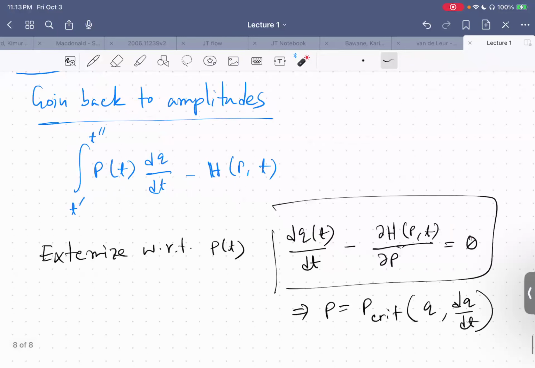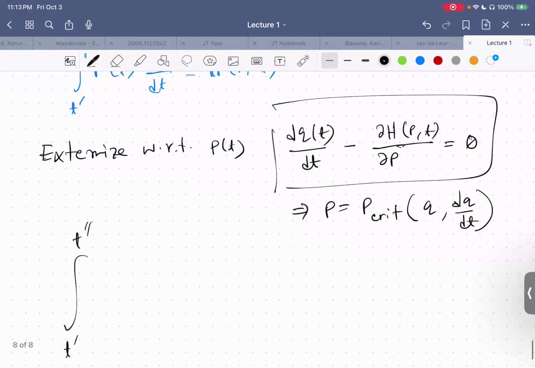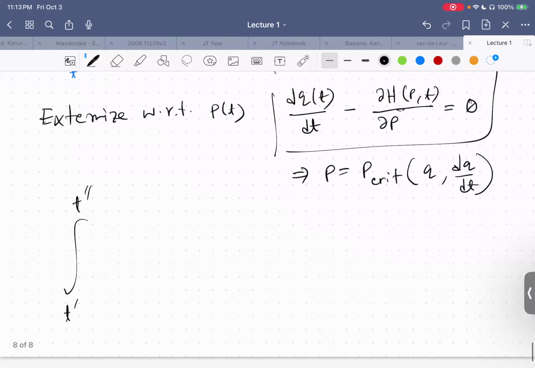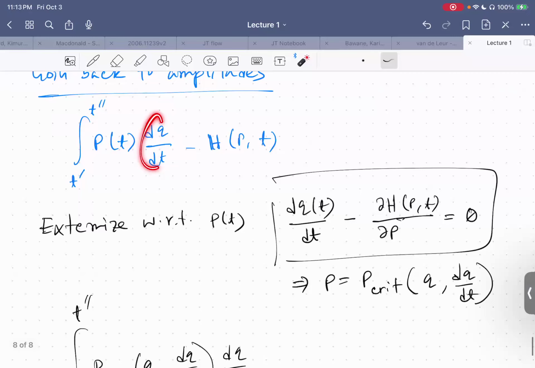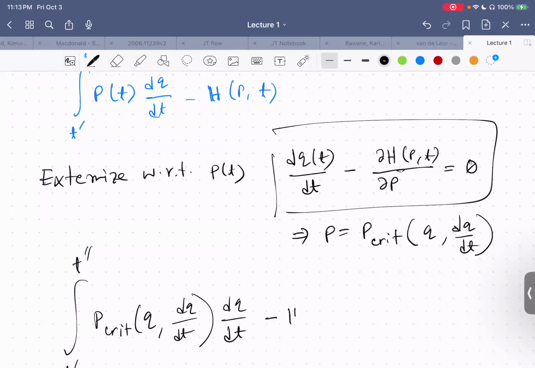So then you get the integral from T prime to T double prime of P critical(Q, dq/dt) times dq/dt. You already had a dq/dt. And minus H(P critical, Q). Is that H of P and T or P and Q? P and Q. Yes, you're right. Sorry. Thank you. Okay, great.